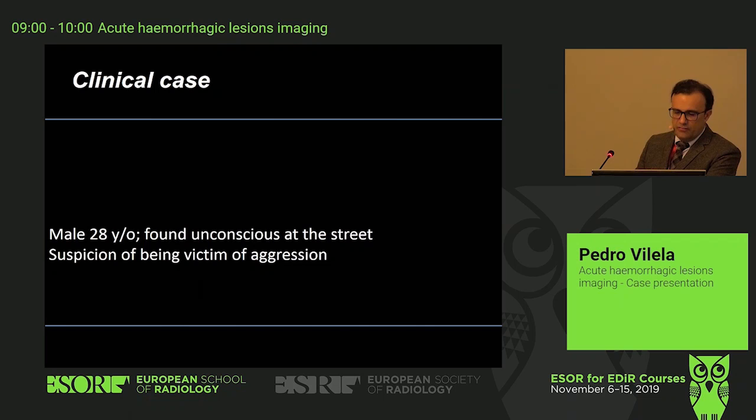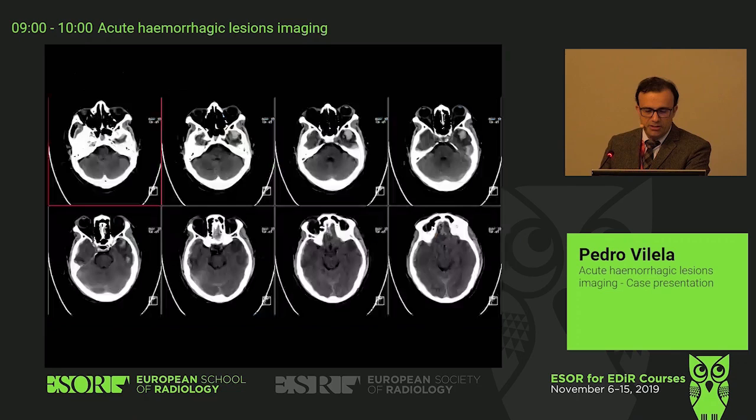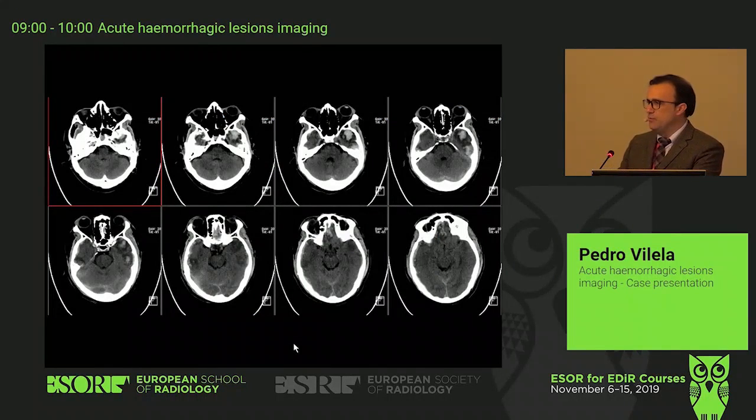So this patient was found unconscious in the street, a young male, and there is a suspicion that he was the victim of aggression, and this is the initial CT. If you want to continue, just point out the positive findings that we have here. There is on the left side a hyperdense lesion, 2 lesions.